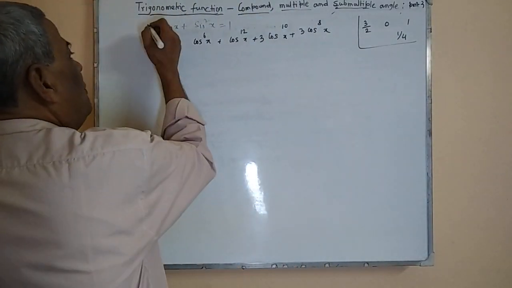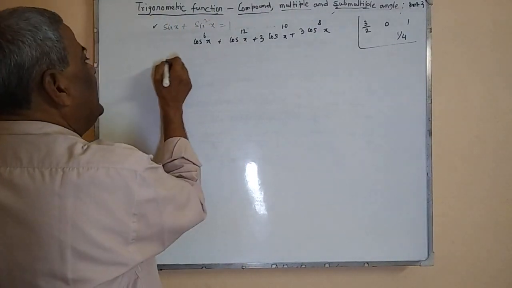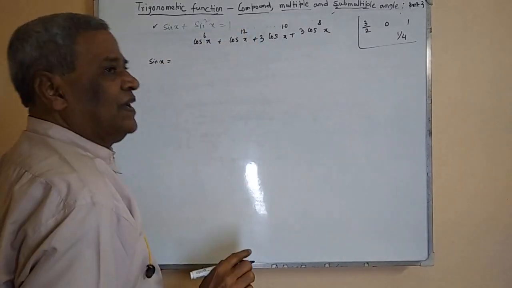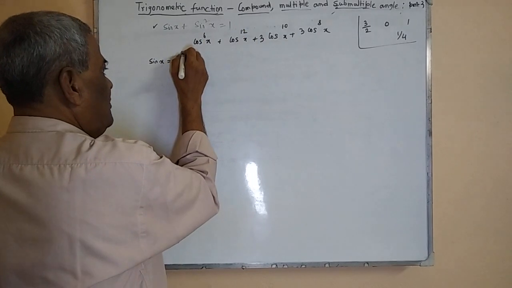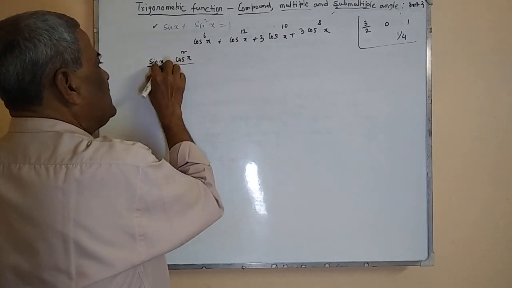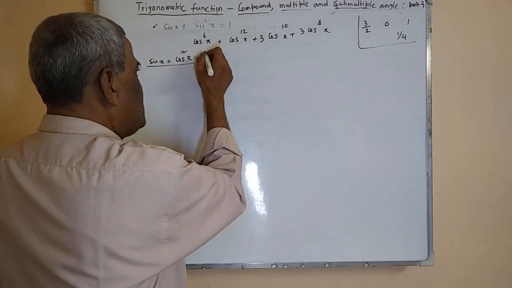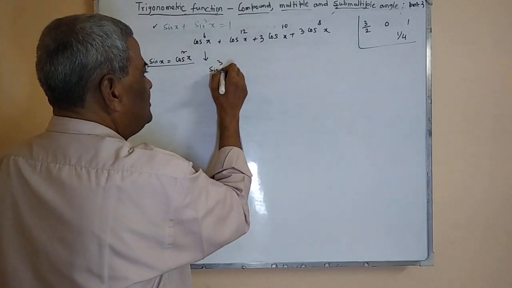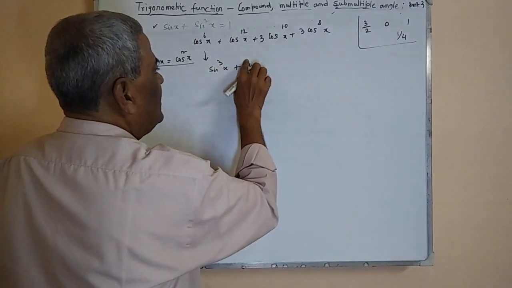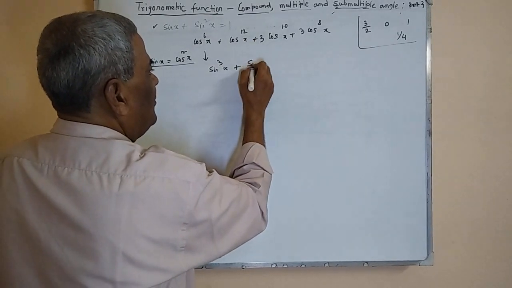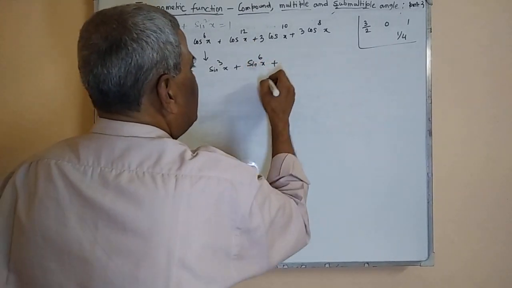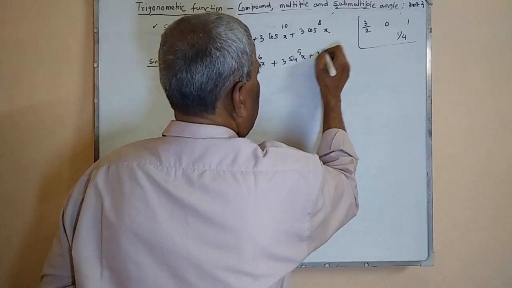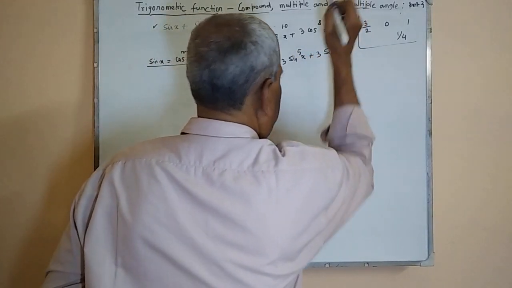So from the given relation, sin x is equal to 1 minus sin square x, that is cos square x. So we can say cos square x is equal to sin x. So this thing is sin cube x plus sin to the power 6x plus 3 sin to the power 5x plus 3 sin to the power 4x.